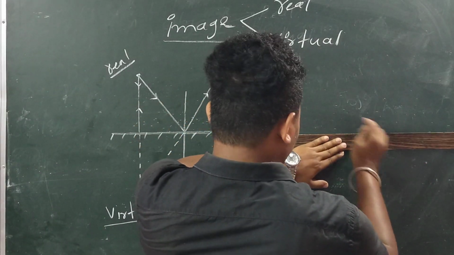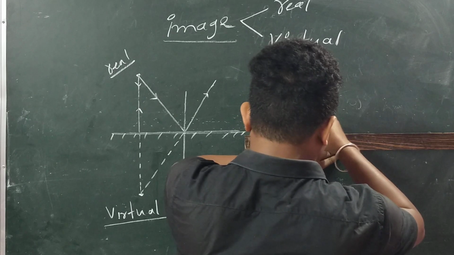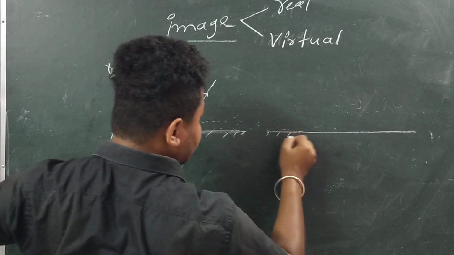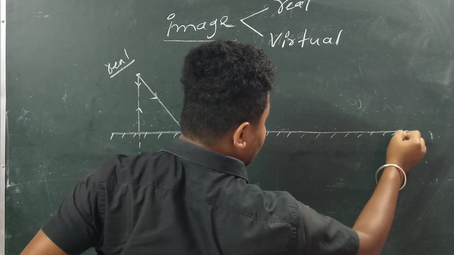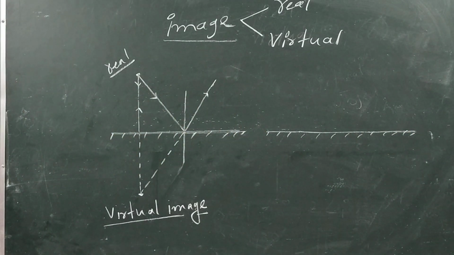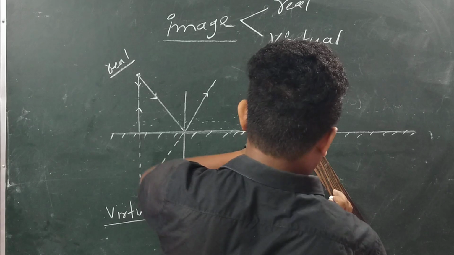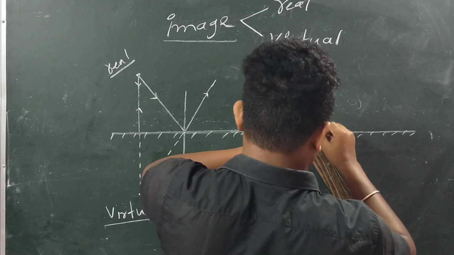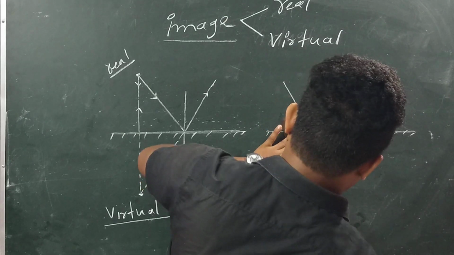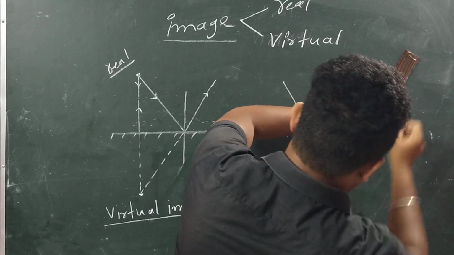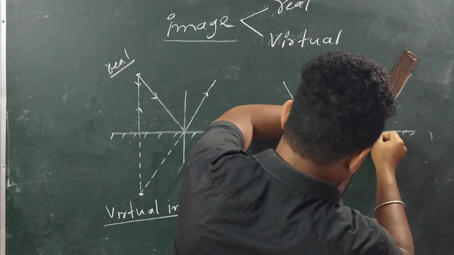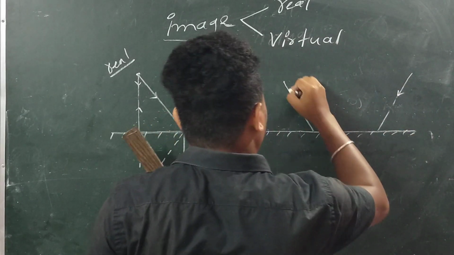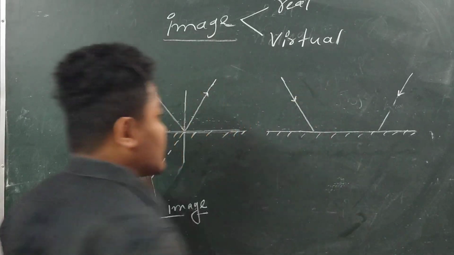Suppose this is going to be your reflecting surface. Again the same phenomenon. Let us suppose this is a reflecting surface. Now consider that this time the rays are coming this way, coming from the sources in this process.